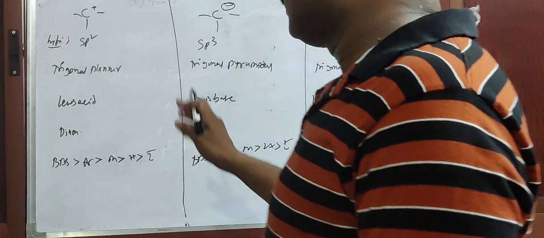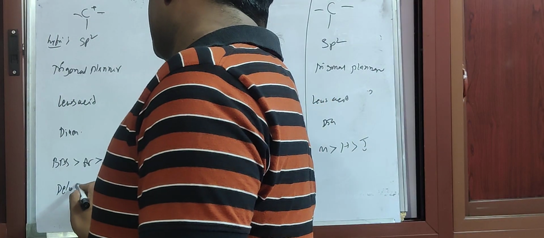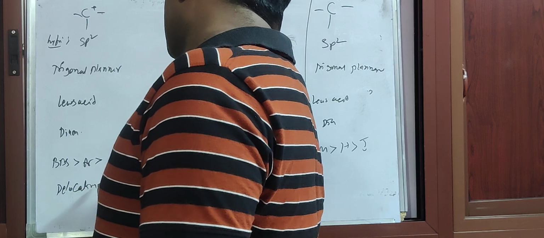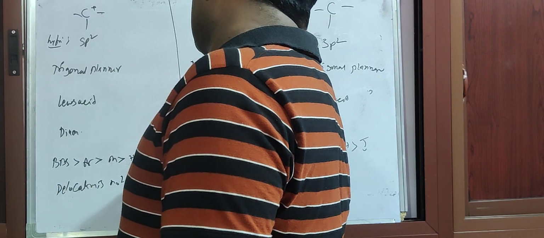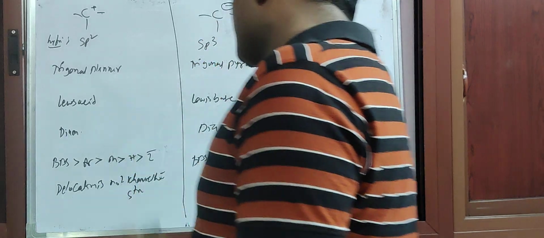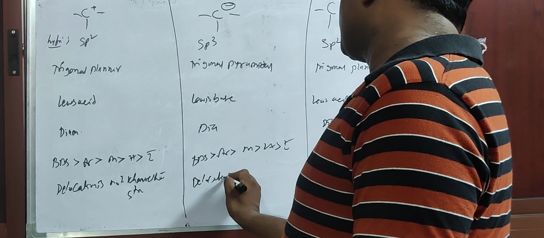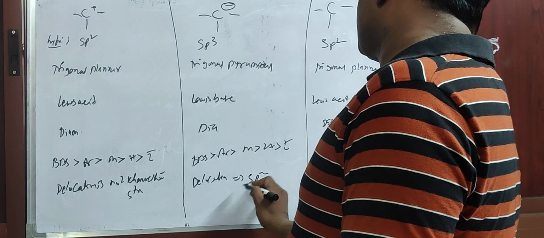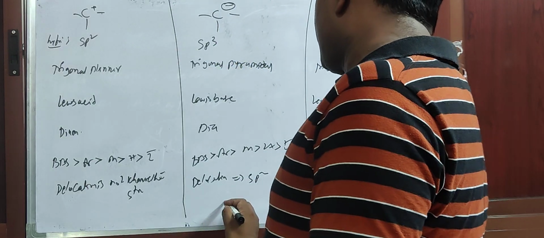Next, delocalization does not change the structure and the above properties in some cases, but in other cases delocalization will change all properties. It is sp2 hybridized in the localized case. In case of delocalization, what will happen?